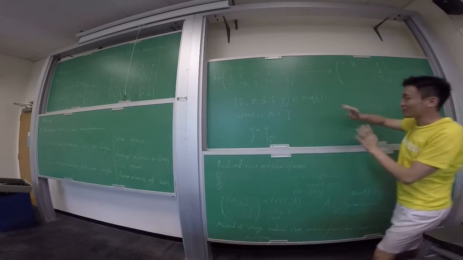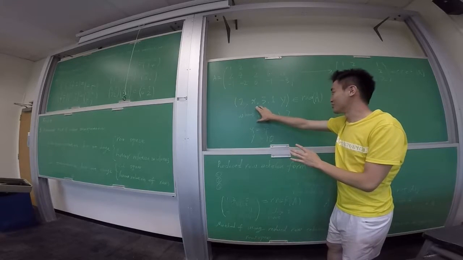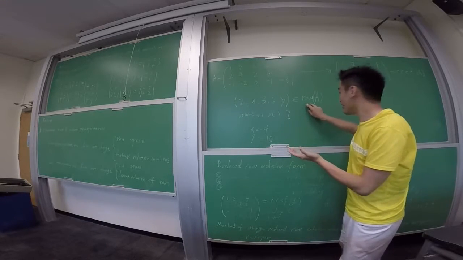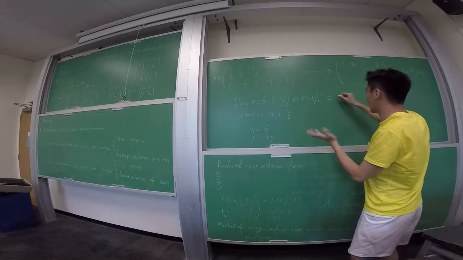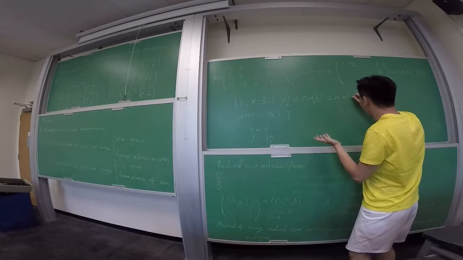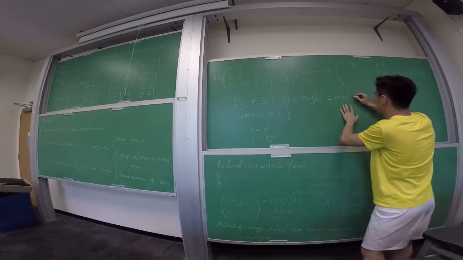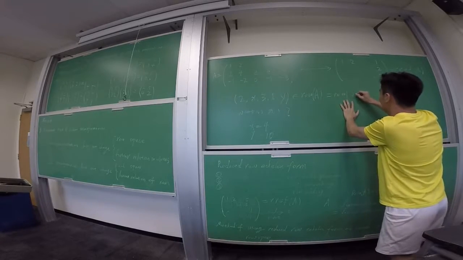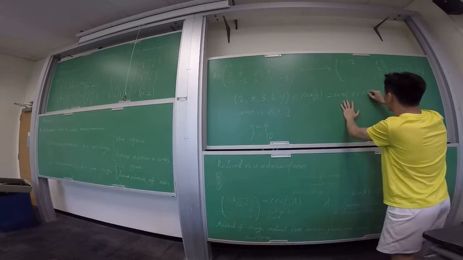So in order for this vector to belong to the row space of A, it's the same as requiring that this vector belongs to the row space of the reduced row echelon form of A.